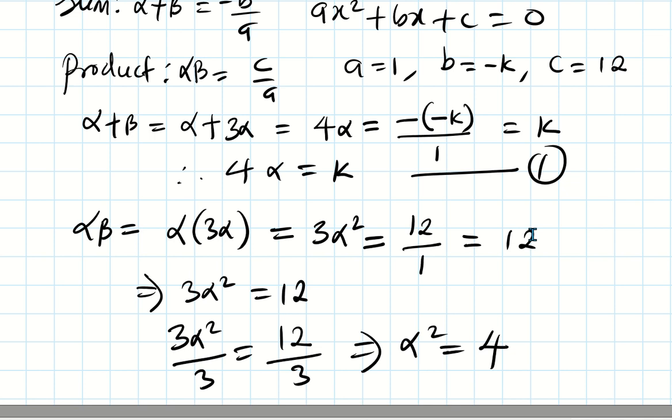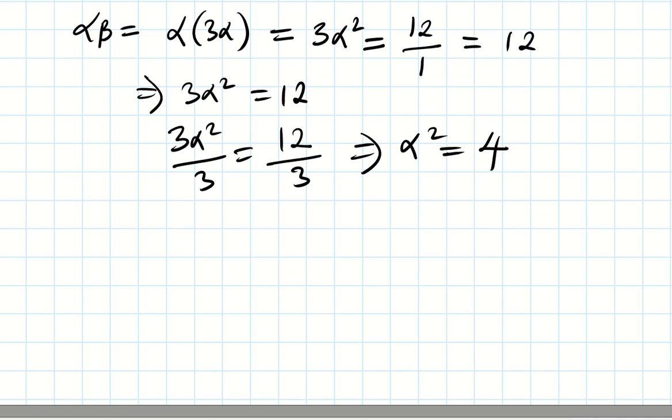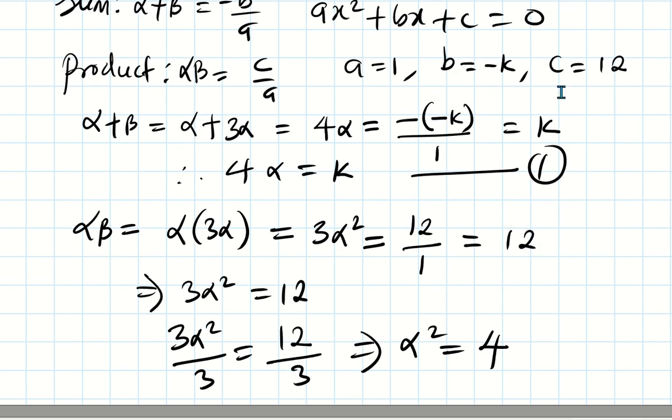Now taking the square root of both sides, we have that alpha is equal to the square root of 4, that is plus or minus 2. Now to get the value of k, we substitute this into equation 1.